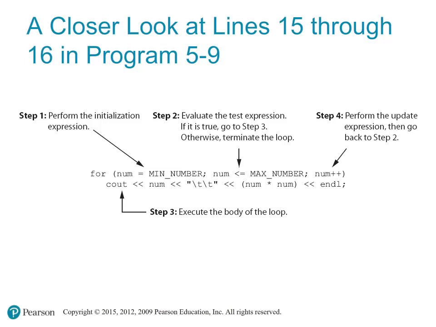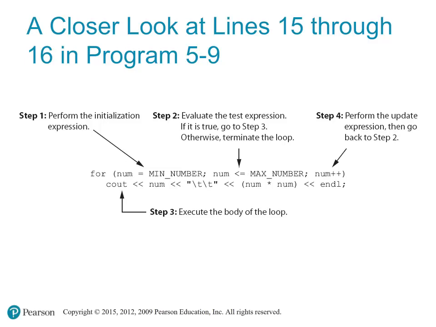So for this loop, step 1, we perform the initialization expression, which is we assign min number to num. Step 2, we evaluate num less than or equal to max number. If it returns true, we go to step 3, which is we cout the num, the 2 tabs, and the square of the num.